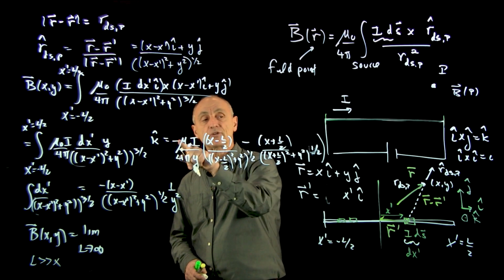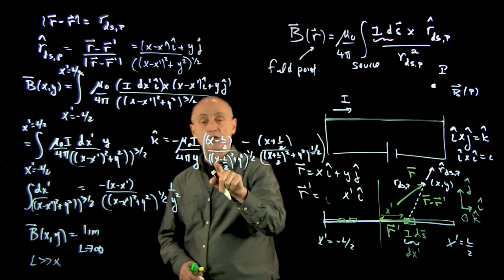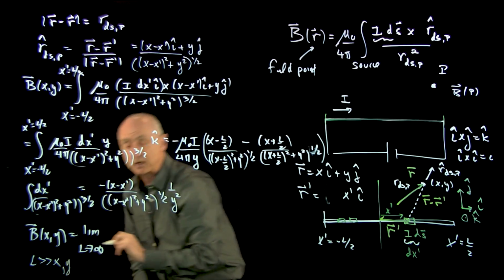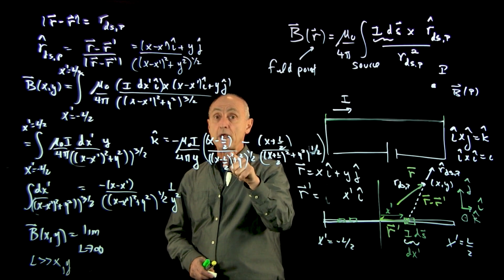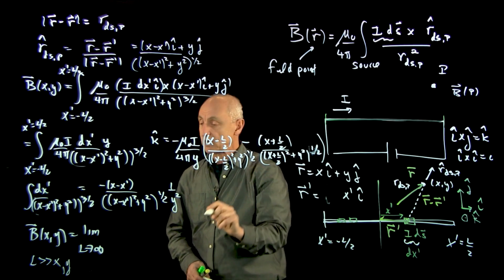And that's going to give a plus sign on the outside with an L. In the denominator, we can ignore the x. We can ignore the y too. We're assuming L is much bigger than x and y. And the denominator is just L over 2 squared to the square root. So that brings a factor 2 upstairs.